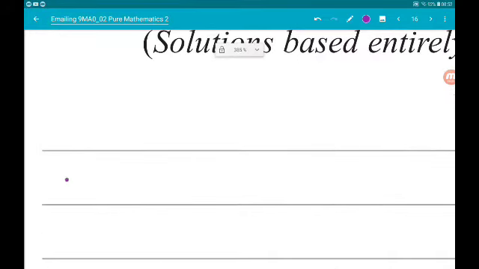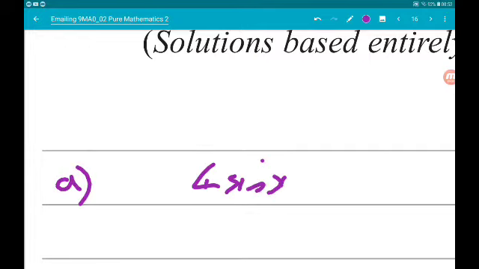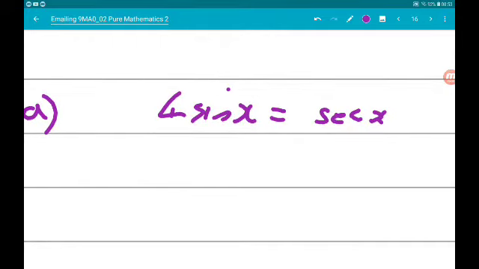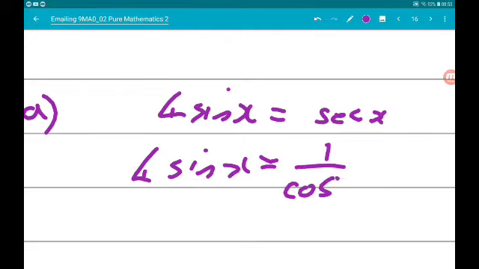So 4 sine x is equal to sec x. Alrighty. So sec is 1 over cos. So 4 sine x is 1 over cos x.